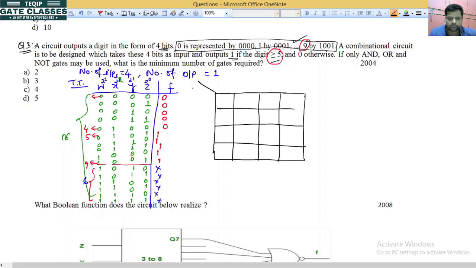It will be wx, yz: y bar z bar, y bar z, yz, yz bar; w bar x bar, w bar x, wx, wx bar. So it will be 0, 1, 2, 3, 4, 5, 6, 7, 8, 9, 10, 11, 12, 13, 14, 15.